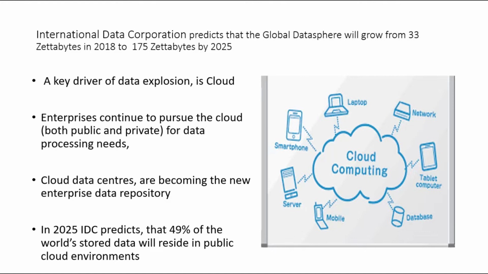Now, when it says a cloud warehouse, it's actually a physical infrastructure where the data is being stored. It's not on the cloud itself. It's not on a virtual platform.